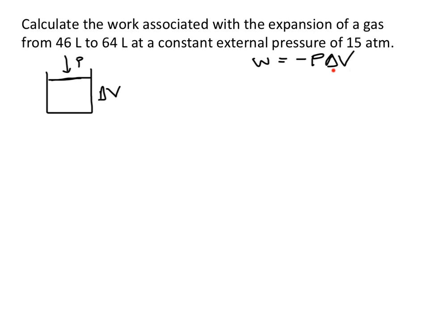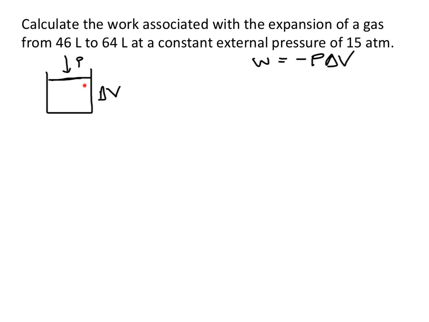Now, if delta V is a positive value, what that means is that the piston is expanding. The space is increasing, so delta V in that situation would be a more positive value. However, it would also be doing work on the surroundings.